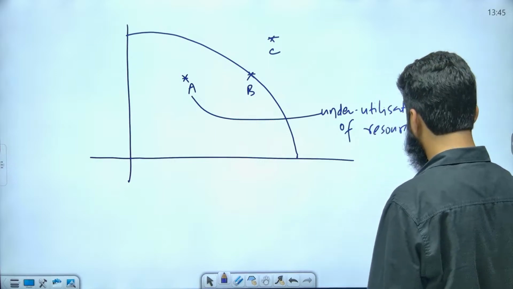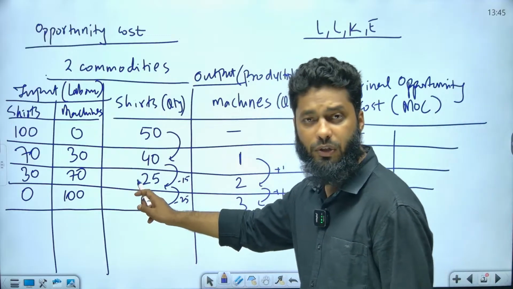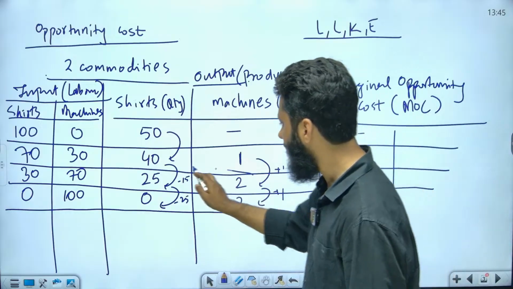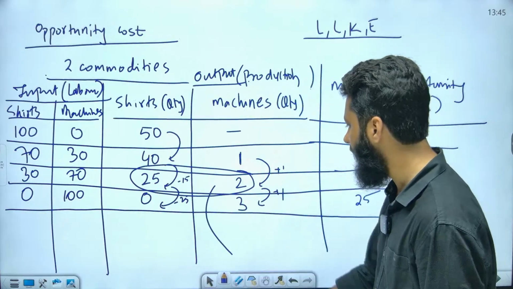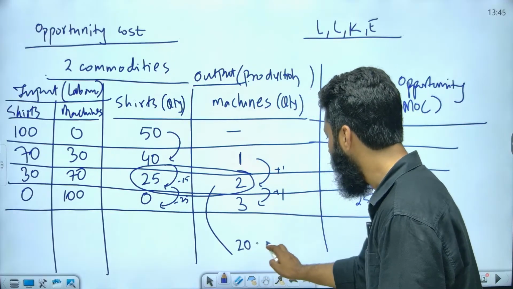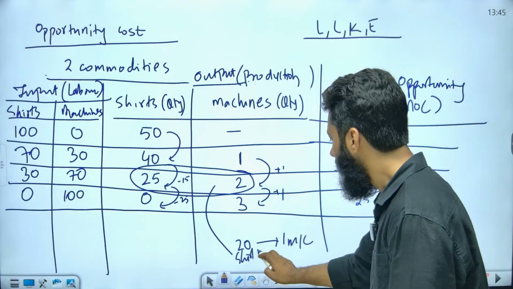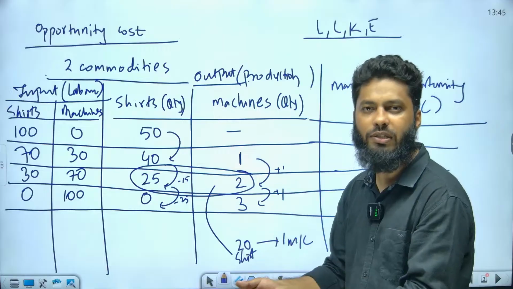right? For example, in this particular graph, as you can see here, when we are producing 25 shirts, we can produce 2 machines. In this particular case, if we are producing 20 shirts and one machine, are we able to do optimum utilization of resources?